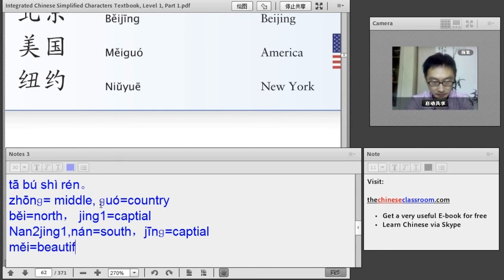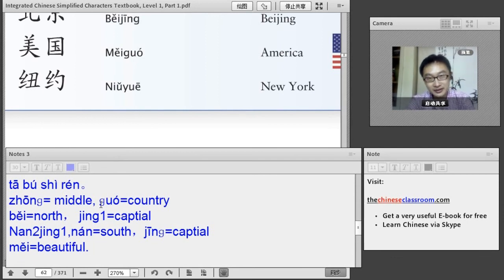So 美国 together literally means beautiful country. Oh, what a nice name, beautiful country. We chose this name also because America sounds like 美 in Chinese. So we got this character and it has a very good meaning, and it also sounds like America. So we named America 美国.